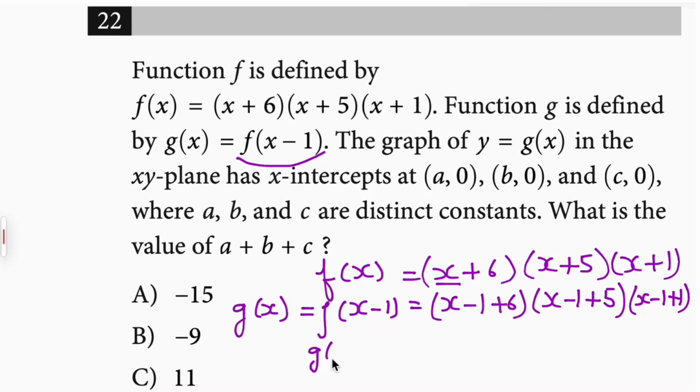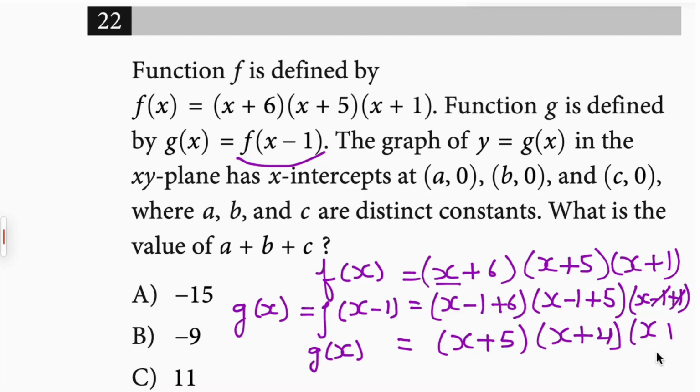So that means g of x is equal to (x plus 5)(x plus 4)(x), this is cancelled, minus 1 plus 6, or negative 1 plus 6 is plus 5, and so on. The graph of y is equal to g of x in the xy plane has x-intercepts at (a, 0), (b, 0), (c, 0).